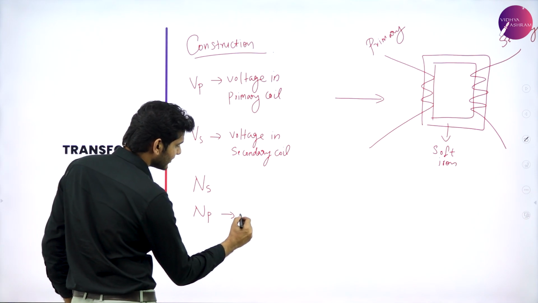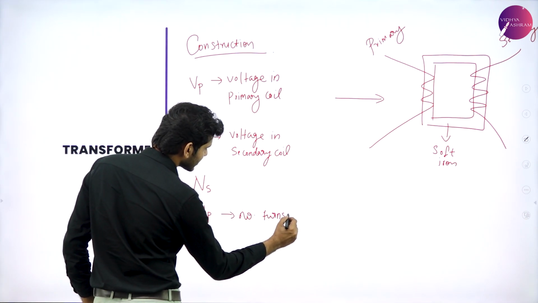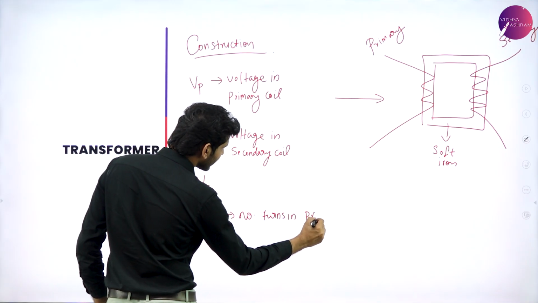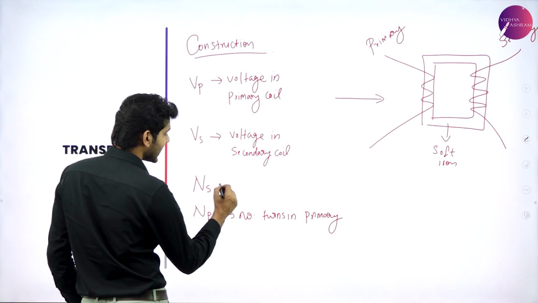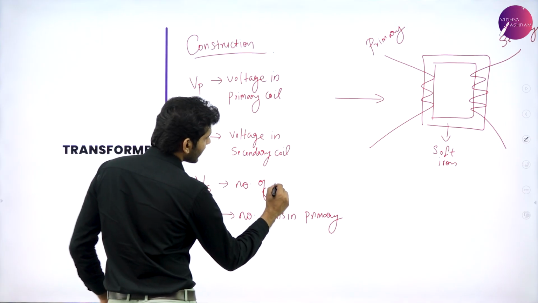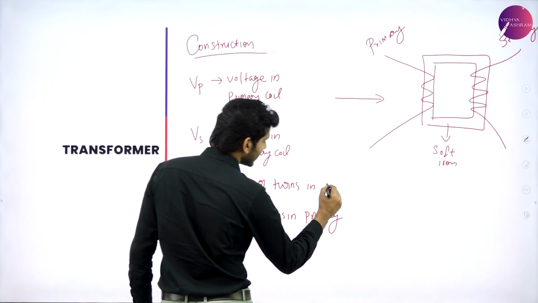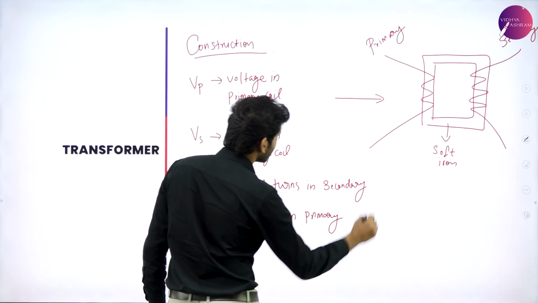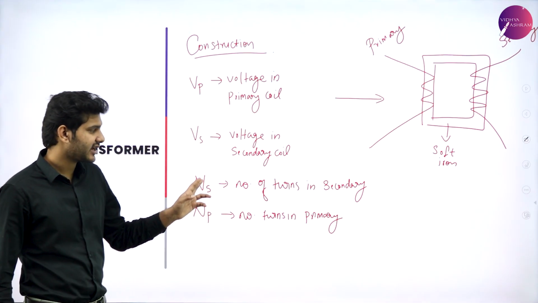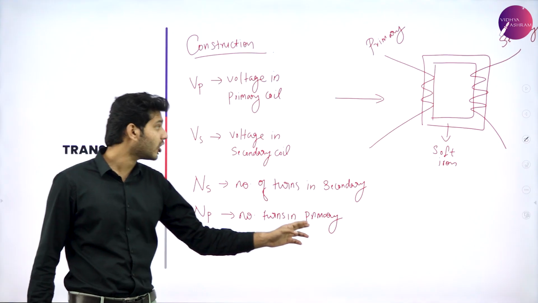So NP will be the number of turns in the primary coil, and NS will similarly be the number of turns in the secondary coil.